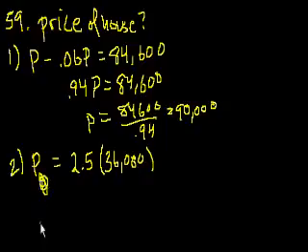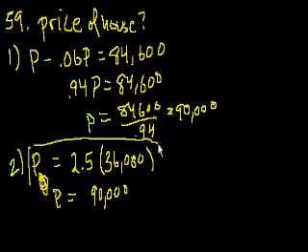Actually, we didn't have to write this. So the price is 2.5 times 36,000, which is, let's see, 72... yep, it's $90,000 again. This is actually not even algebra. You just have to multiply 2.5 times 36,000, and you get the answer. So each of these independently is enough to solve this problem. So that's D.